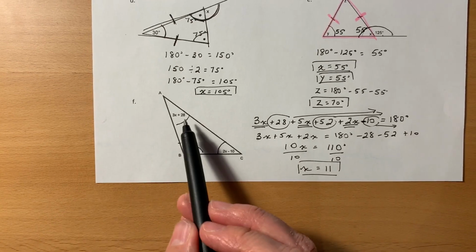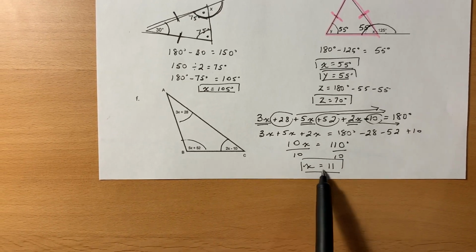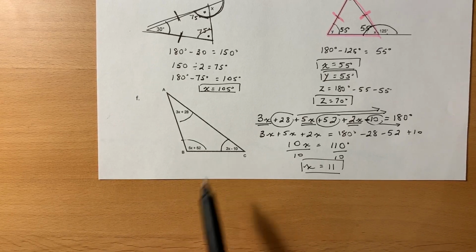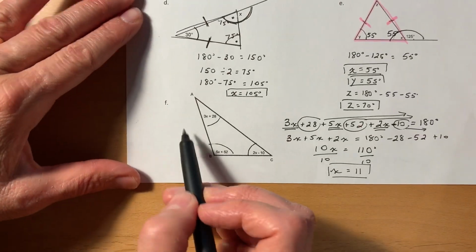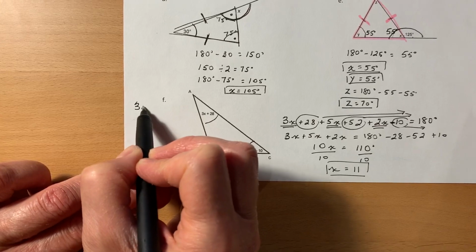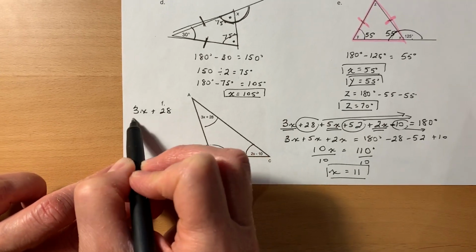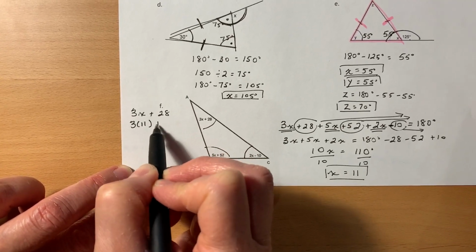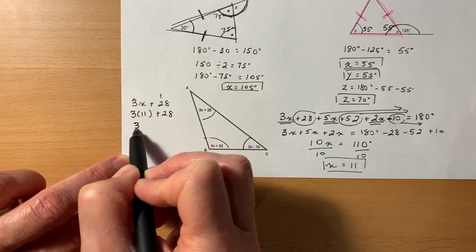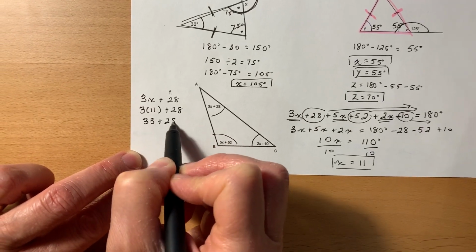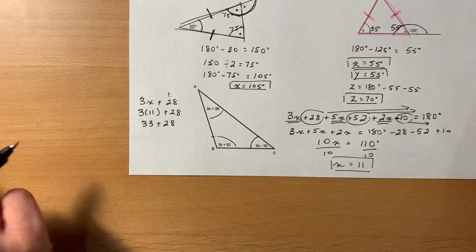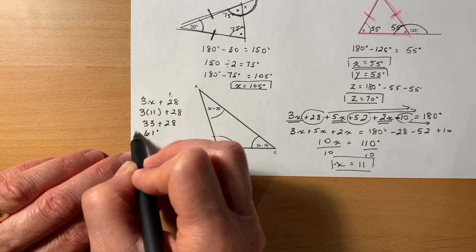Now I have to find each angle by substituting 11 into each of these angles. This one here, 3x plus 28: 3 times 11 plus 28, so 33 plus 28 is 61 degrees.